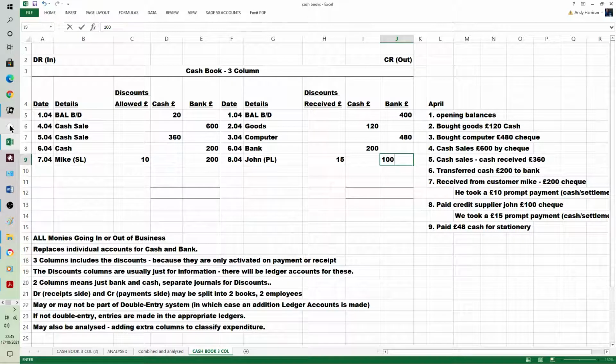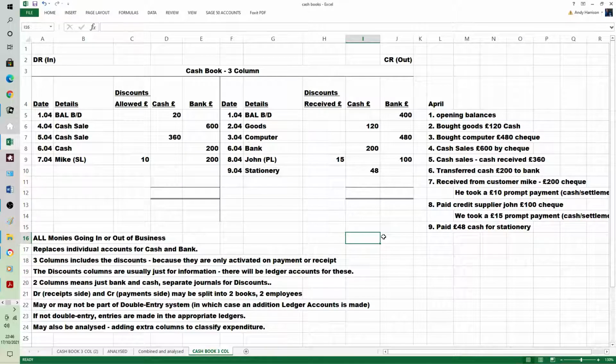And then we bought some stationery for £48 cash. Quite possibly £40 plus VAT, but AQA don't deal with that.